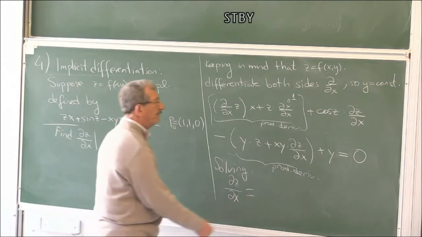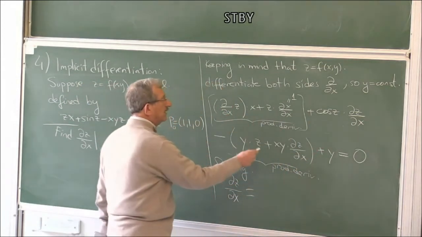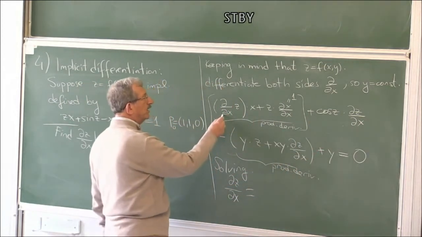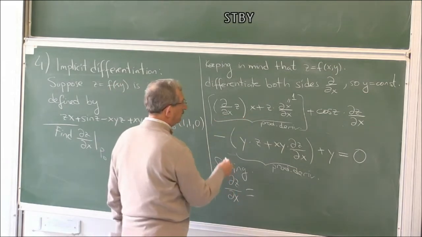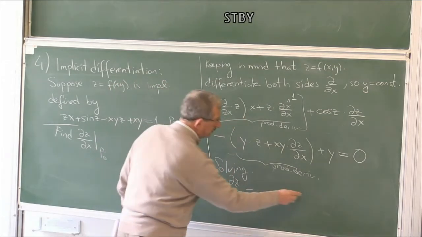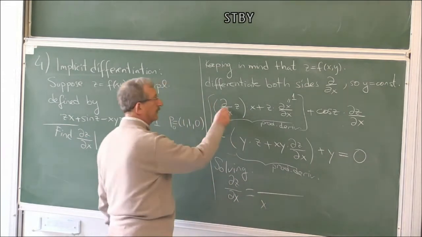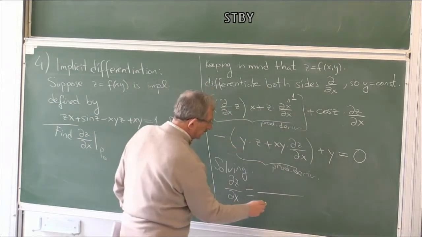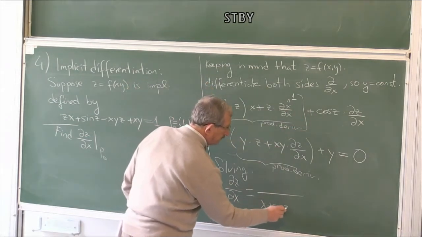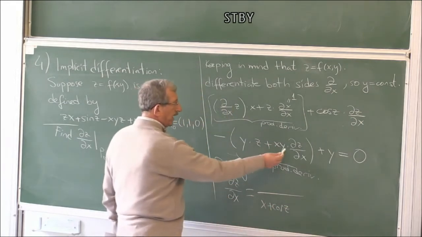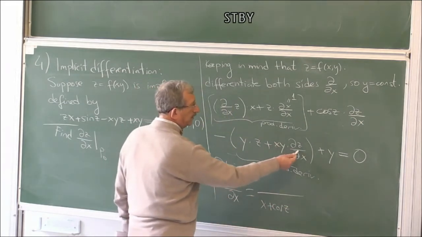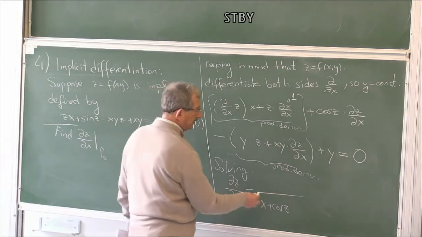Okay. Clearly, we have it occurring at 3 places. So here, we would have just x plus cosine z, okay, and minus xy del z del x.